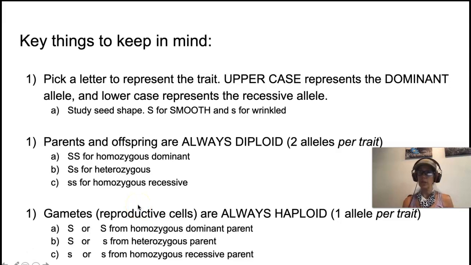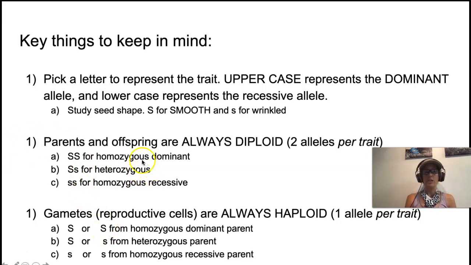Gametes, the reproductive cells, are going to be haploid, half the genetic information, so they have one allele per characteristic. So this SS, homozygous dominant parent, their gametes could be a big S or a big S. There's no other genetic variation.